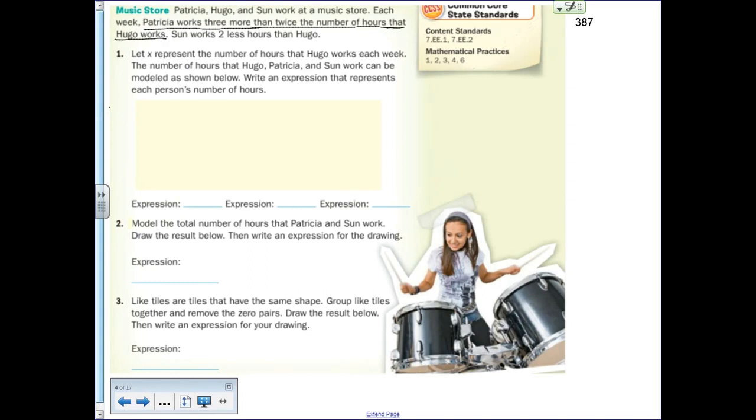So Patricia is being compared to what Hugo works. If you go to the next sentence, Son works 2 less hours than Hugo. And again, Son is being compared to Hugo. So Hugo is that person that the other two are being compared to. That's why we're letting X equal Hugo.